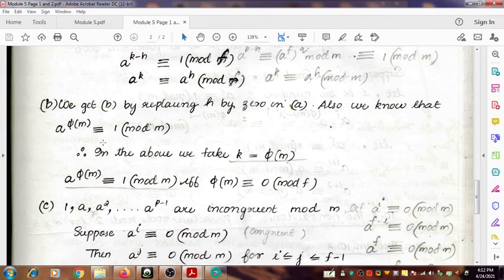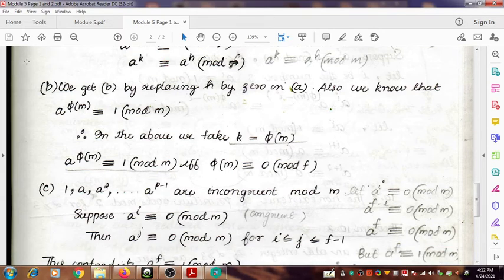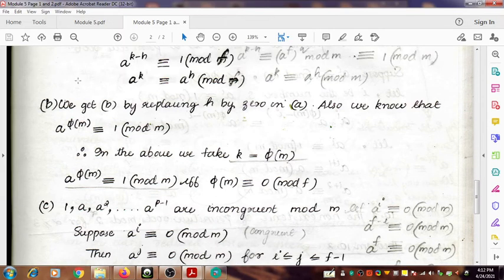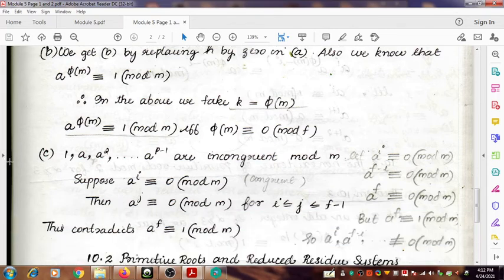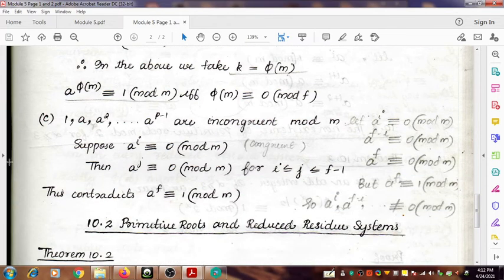Okay, and thus that part is also very easy. And from this last statement you can say that f divides if and only if f can divide phi m. Okay, now we are going to prove result statement C.